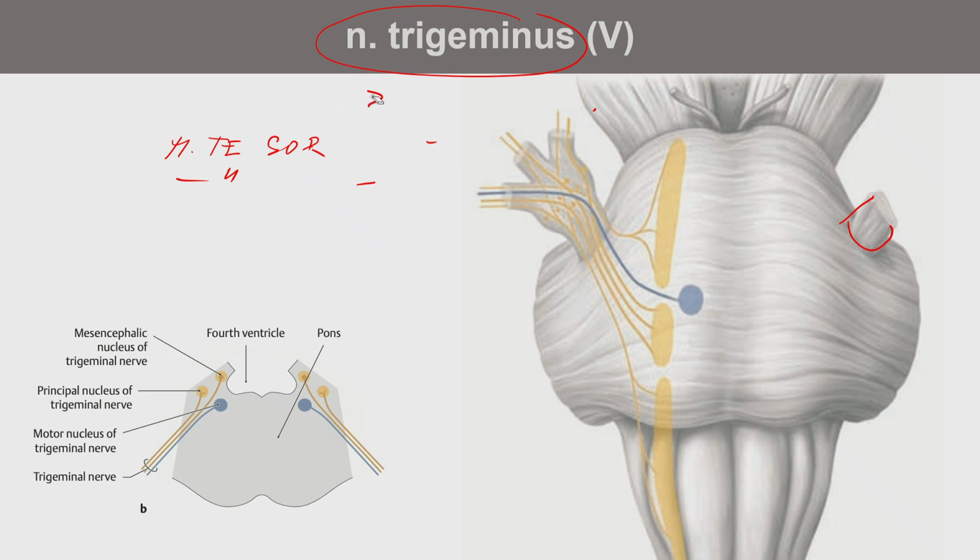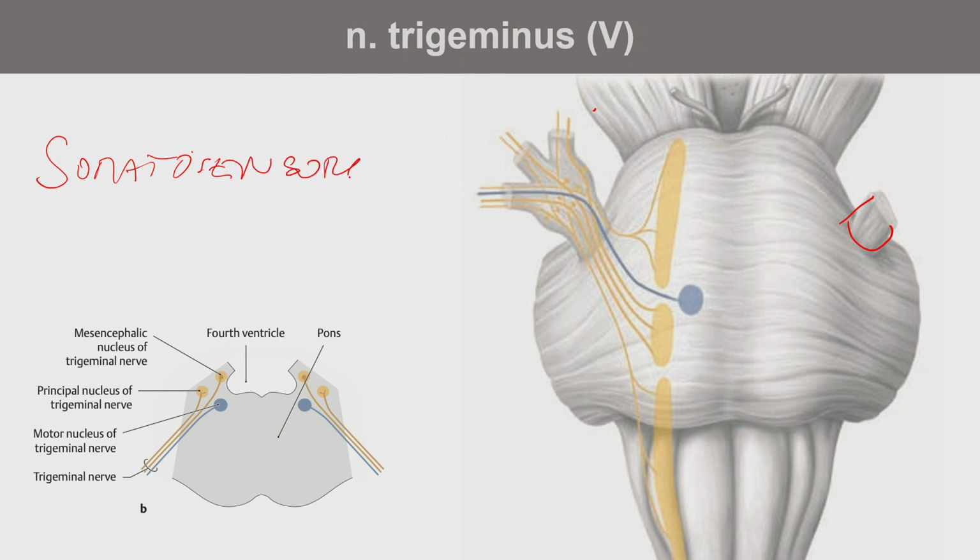It's a typical nerve which has a somatosensory function. What is this information? This information is obtained from the skin, from proprioception, and also sensations from the meningeal coverage of the central nervous system. We can divide the nuclei into three parts.